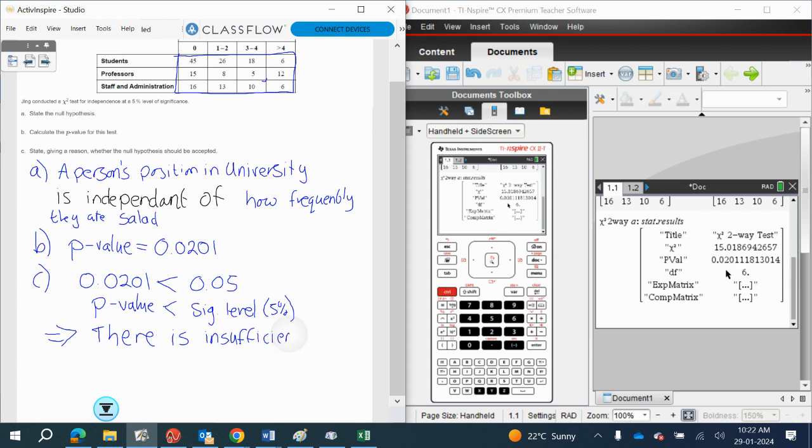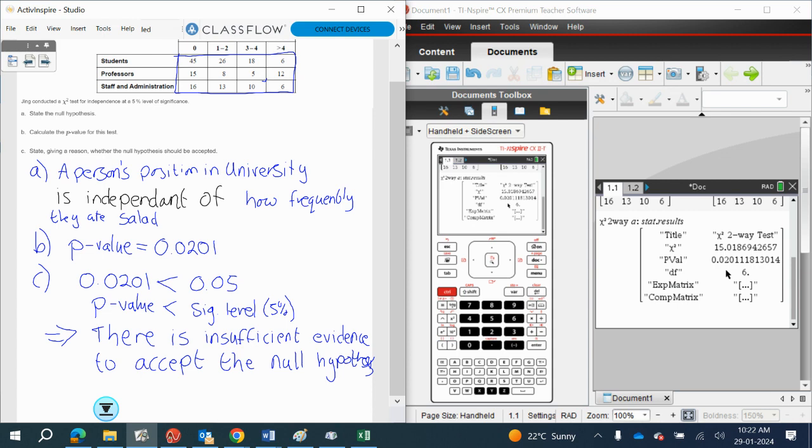When you say there's insufficient evidence to accept, it's either going to be insufficient evidence to accept or sufficient evidence to accept. There are only two accepted answers here. What are the two possible acceptable answers?